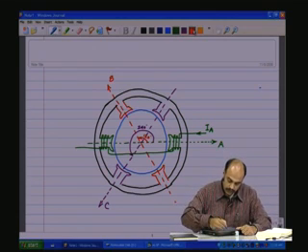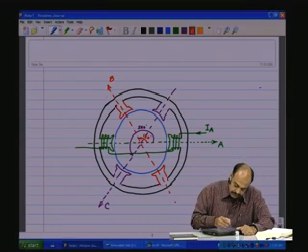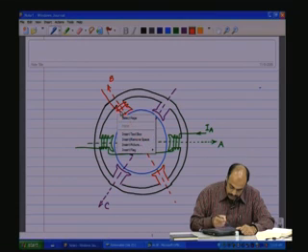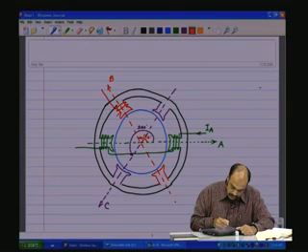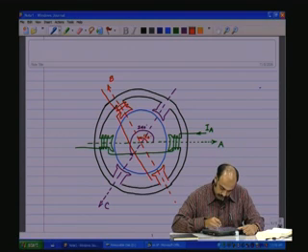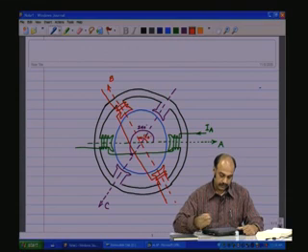And then we have the B phase. So I am going to take the B phase part, wind it around the pole here, then bring it to the other side, and then take out this direction.